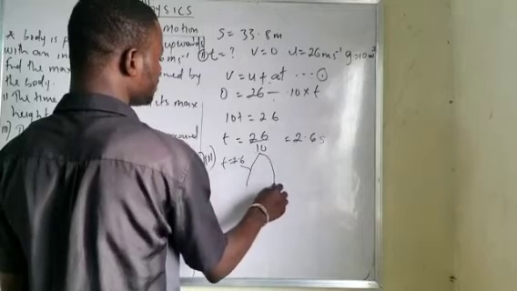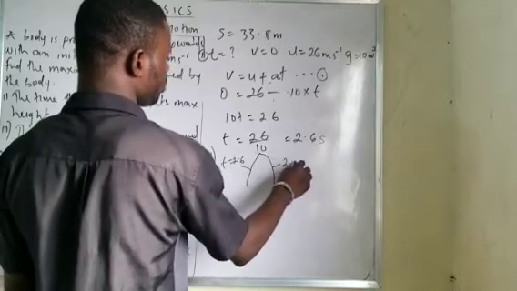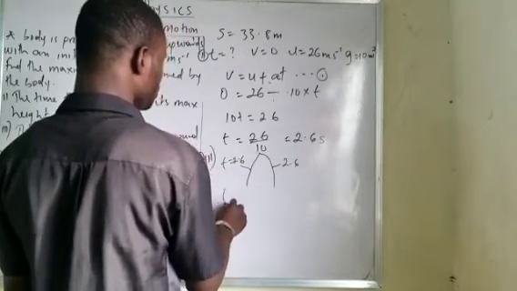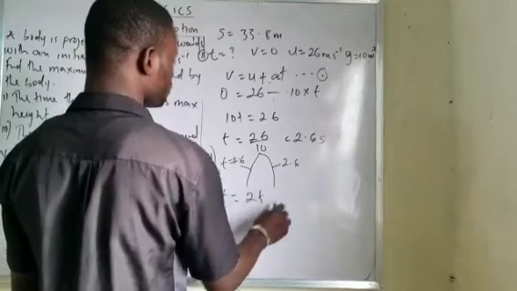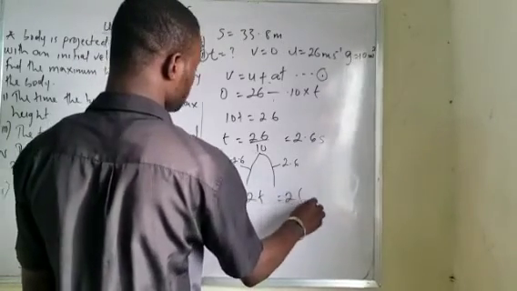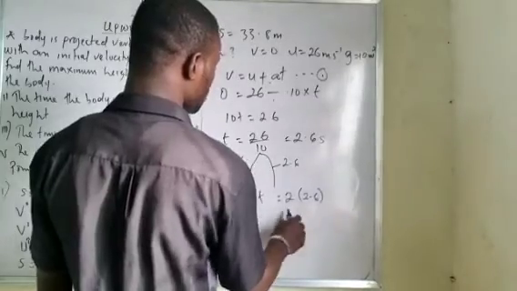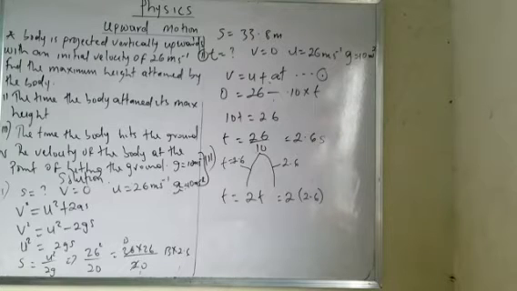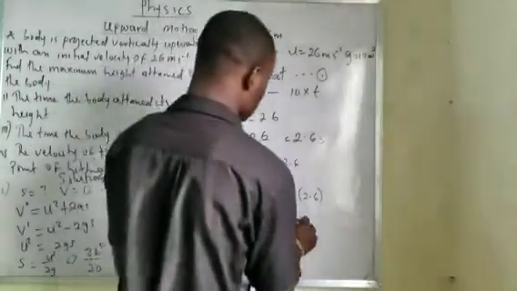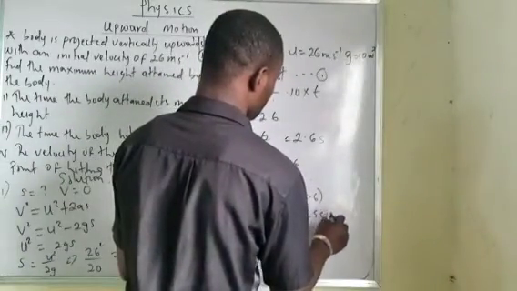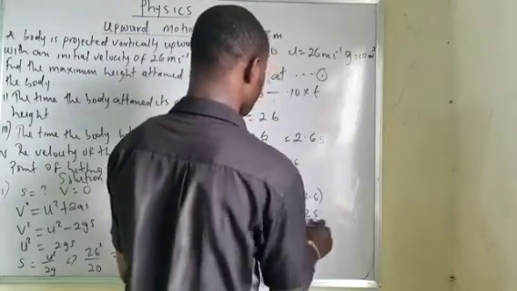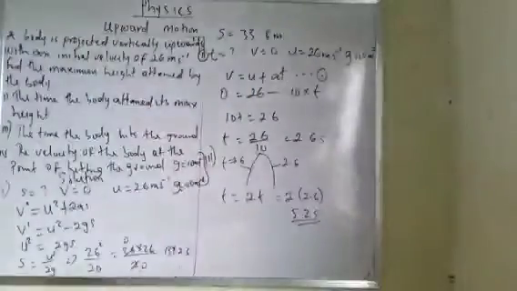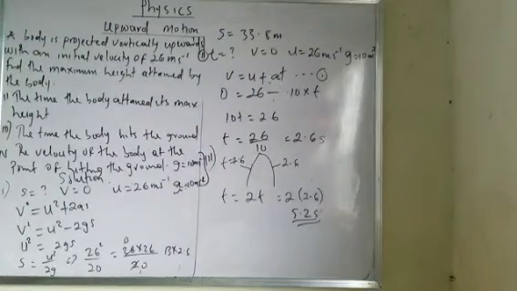Now, it will take the same time to come back down, so my total time equals 2 multiplied by 2.6, which is 5.2 seconds. That is the time it used to reach the ground back.